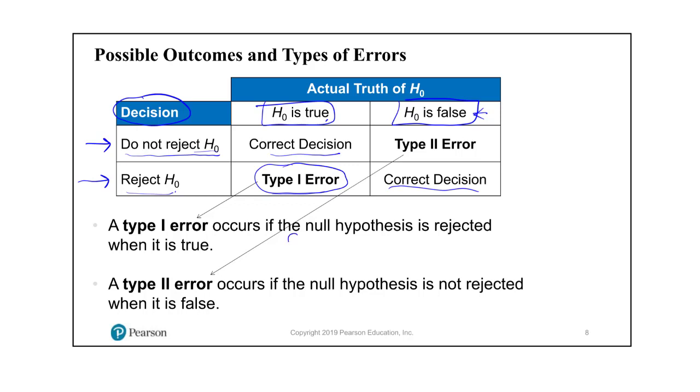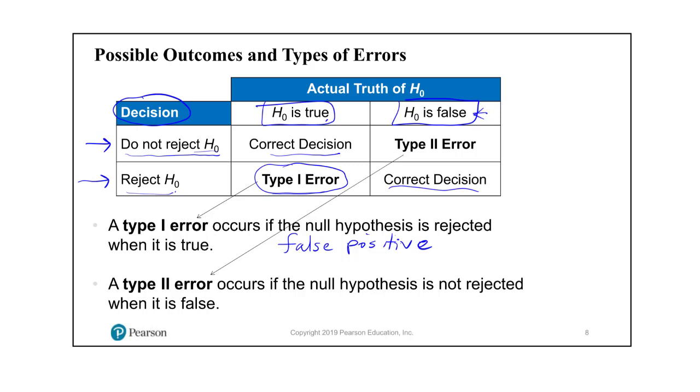This is also known as a false positive in some testing situations. A lot of times when you get tested for a disease and you get a positive test result, but it shouldn't have been, it's a false positive.